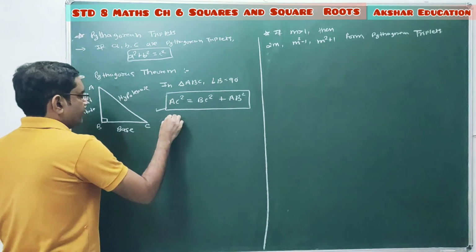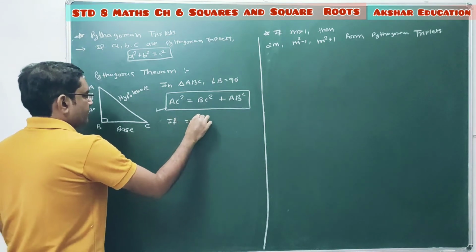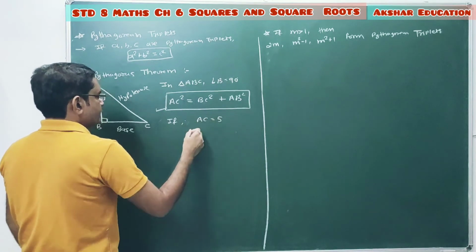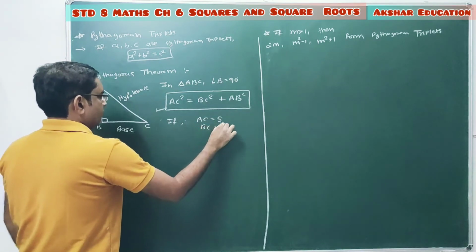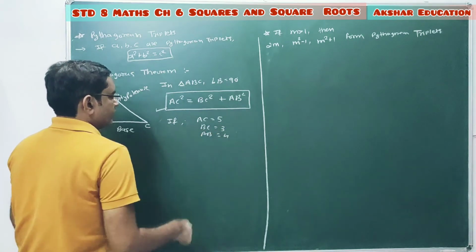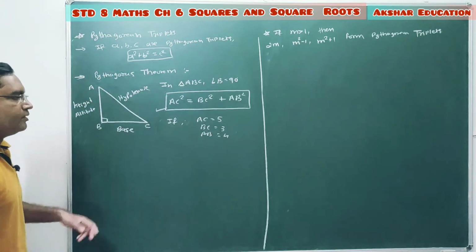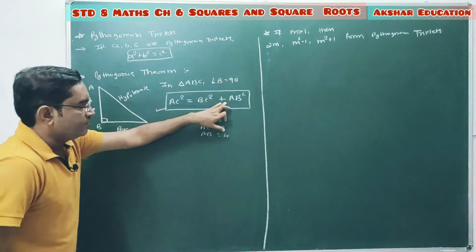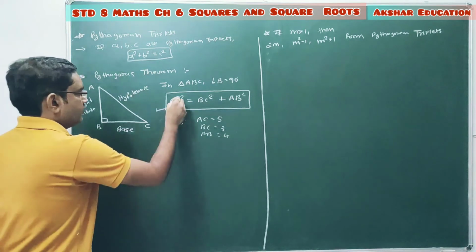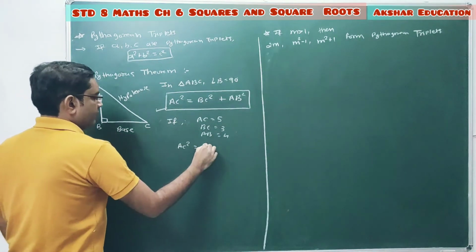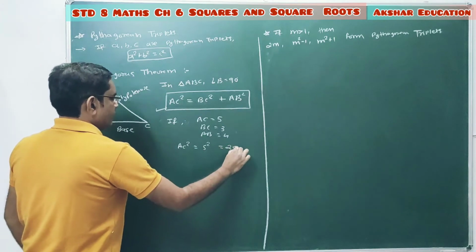if you are taking longest side AC equal to 5, base BC equal to 3, and height AB equal to 4. So these are the values of the lengths of the sides for this right angle triangle which satisfy our Pythagoras theorem. How? So here left hand side AC square, which is 5 square, which is equal to 25.